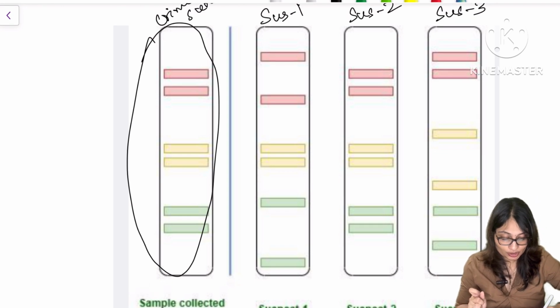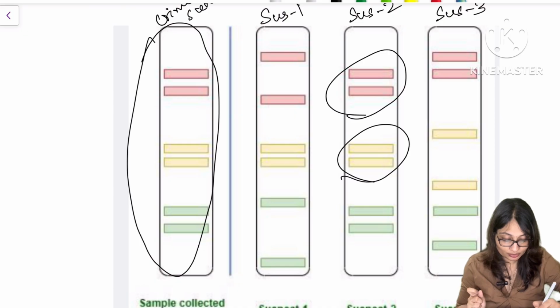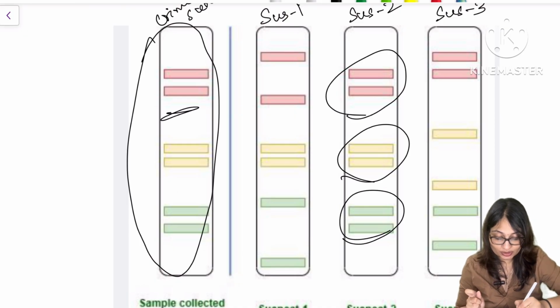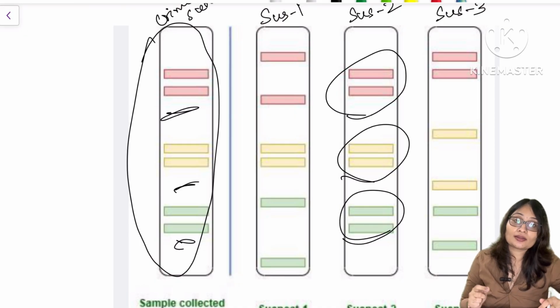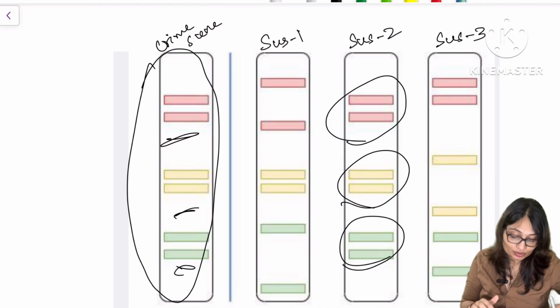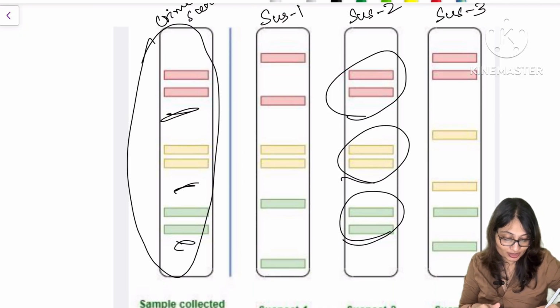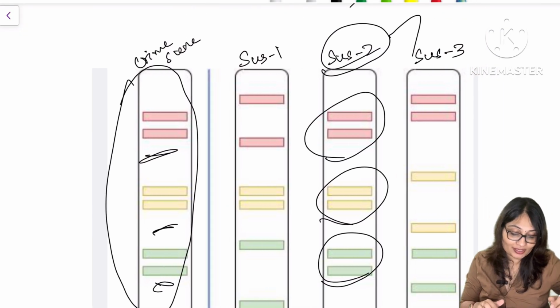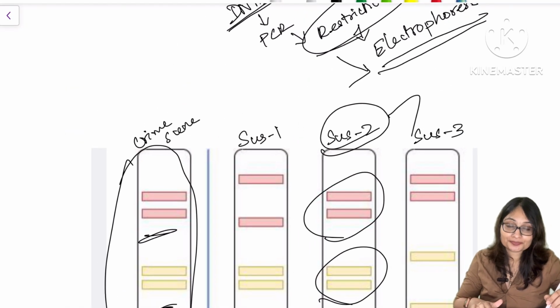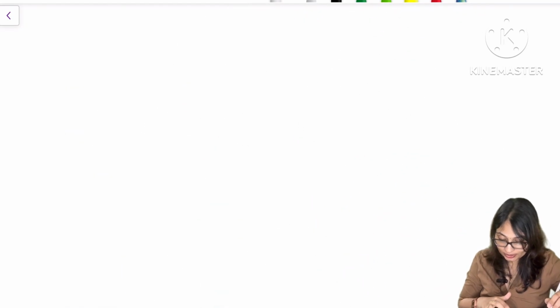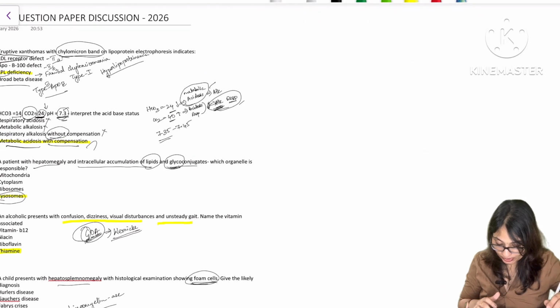It is suspect 2, right? Suspect 2's fingerprints match the ones from the crime scene, so suspect 2 is the accused. This is how the technique of DNA fingerprinting works.